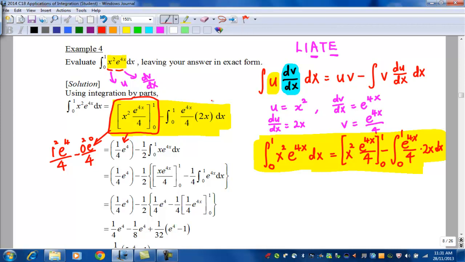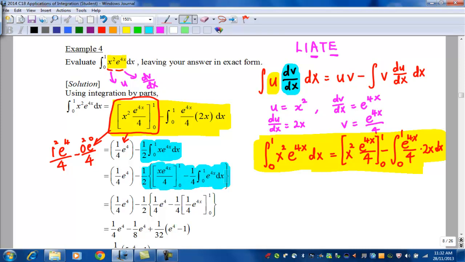For the next part, we simplify, we'll get half integral from 0 to 1 x e to the power of 4x dx. Again, this is not of the standard form, nor is it integrating by exponential function. So we have to do by parts again. For this, I leave it to you to carry on to work from this to this.